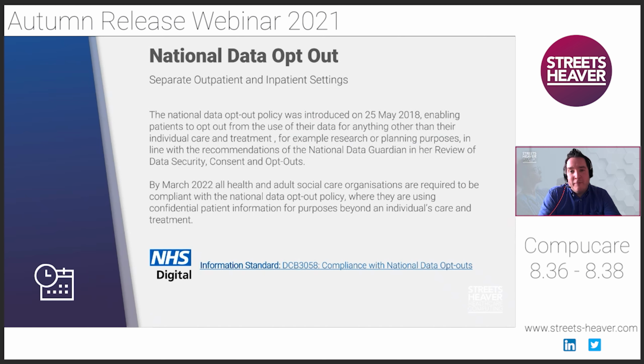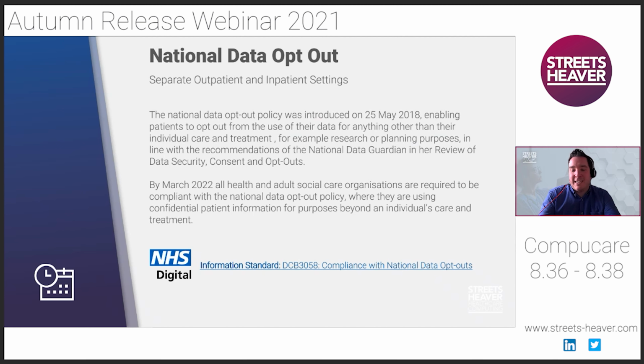There's a little bit of information on the screen there, but essentially it's a national system for the patient being able to opt out of their data being used for anything other than the care that you're giving them. So if you're using it for clinical research, or for some other purpose, they're allowed to opt out of how that data is being used.